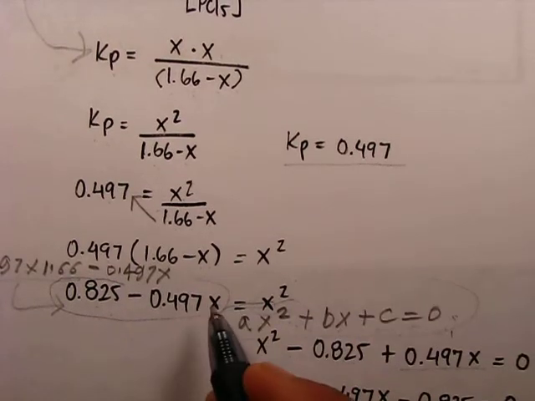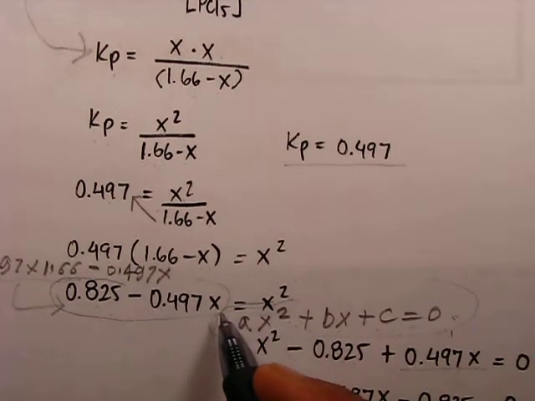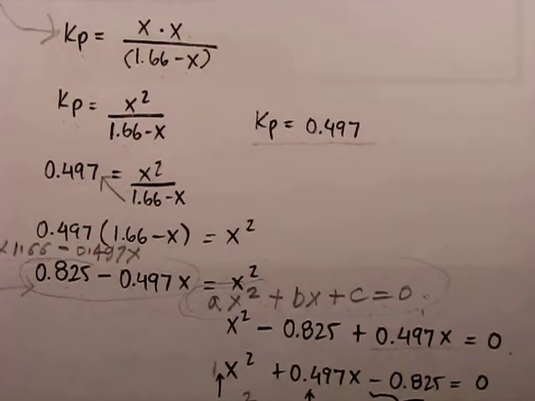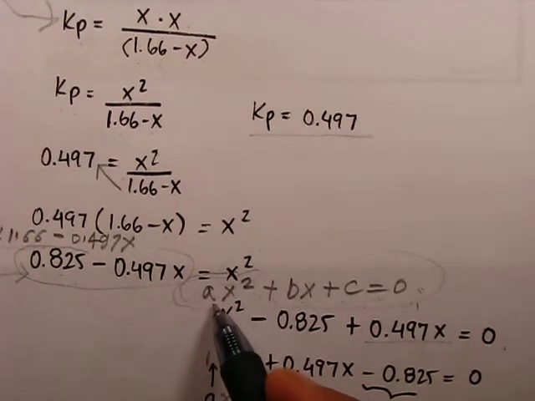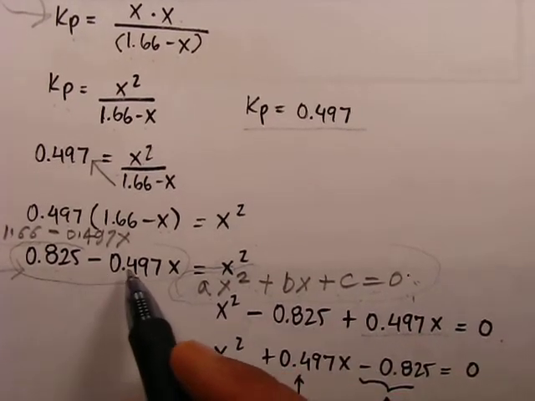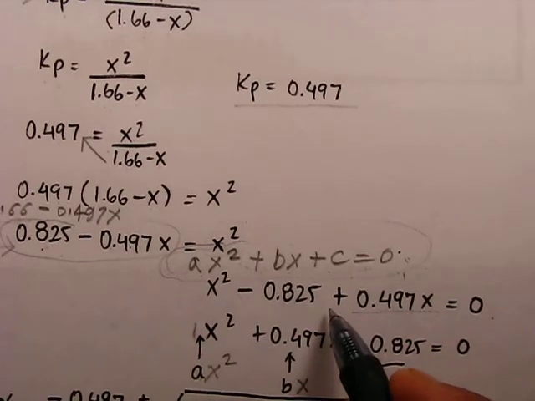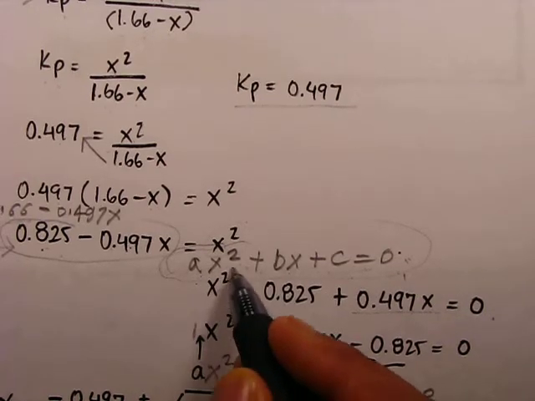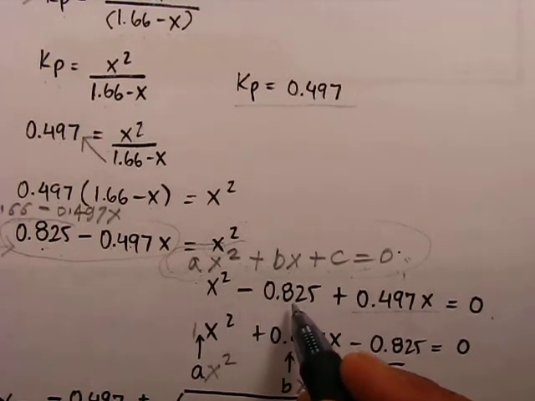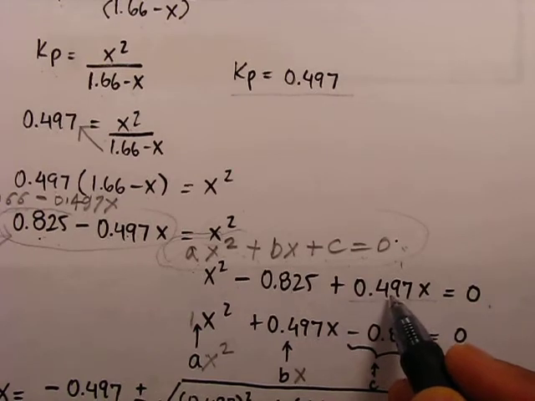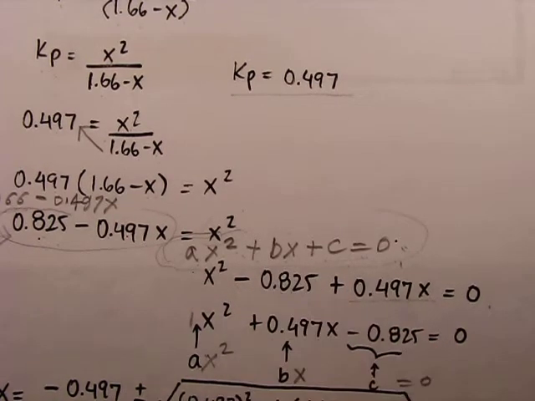Now, after rearranging, you can see it's not easy to solve this equation as it is, so we have to work with it as a quadratic equation, ax² + bx + c = 0. Rearranging into the quadratic format, a is 1 for x², and then plus 0.497x, which is the bx term, equals 0.